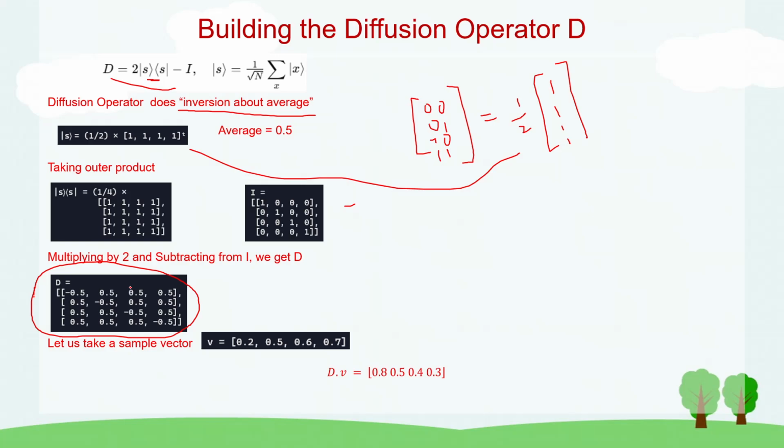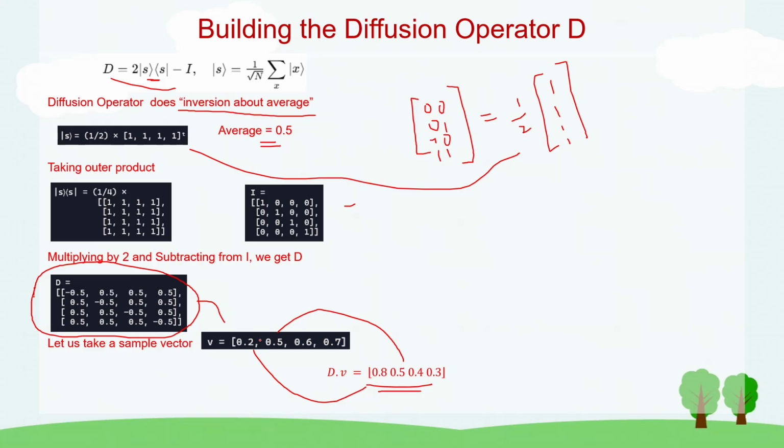Now if I am interested in this vector, or just take any vector in fact, what it does is inversion about average, as we told. So what is the average? The average value of this vector is 0.5. Now if I apply D onto this, you will get another vector like this, wherein about the average there is an inversion. For example 0.5 stays 0.5, because it is sitting right on the average line, whereas 0.2 will become 0.8.